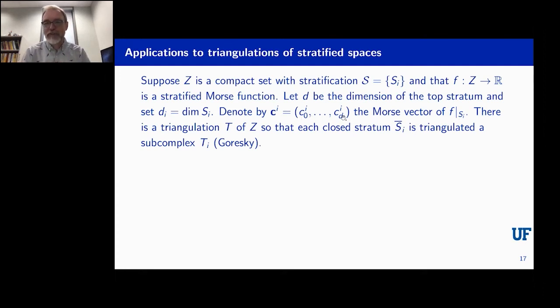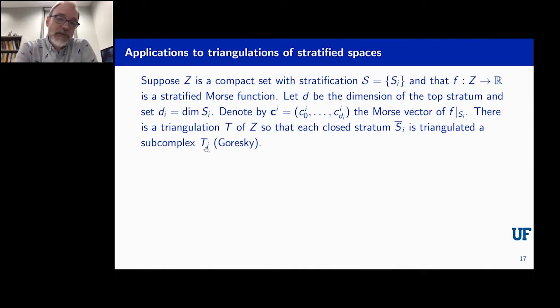That's what a stratified Morse function is. So when I restrict it to each stratum piece, it's a Morse function, so it's got a Morse vector. This means that there are Ci0 critical vertices, Ci1 critical points of index 1, and so on, up to index Di, where the index is given by the number of negative eigenvalues of the Hessian.